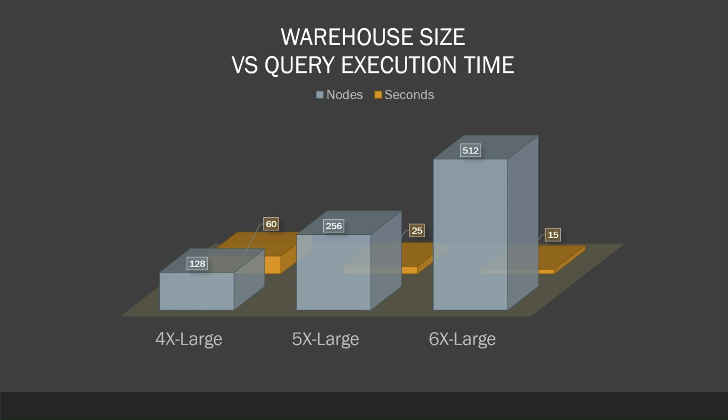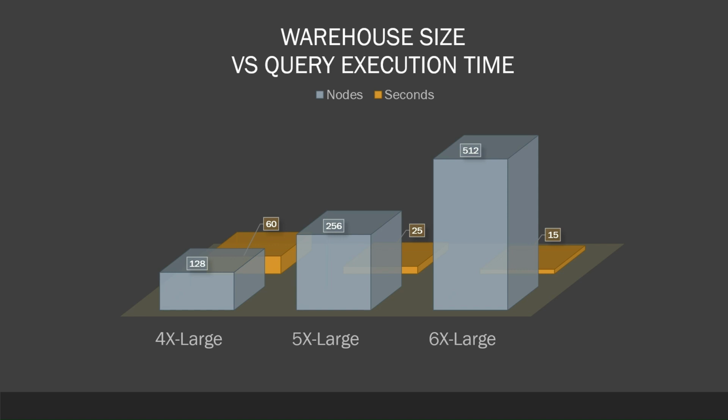Yes, but the cost in Snowflake is actually a combination of this with the execution time of a query. A larger warehouse will usually, not always, but usually bring you a smaller execution time for a query. So you can spend more for the nodes, but you spend less in terms of execution time.